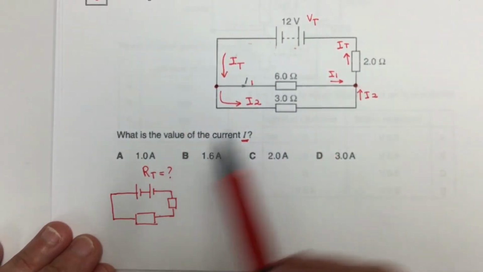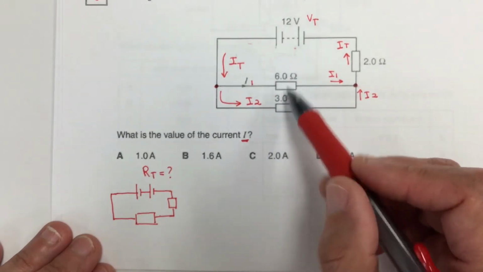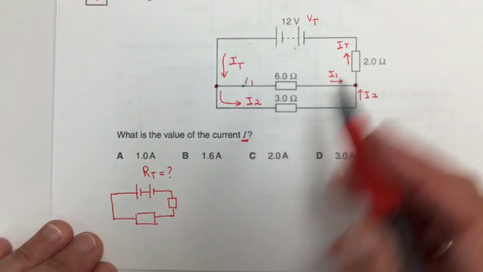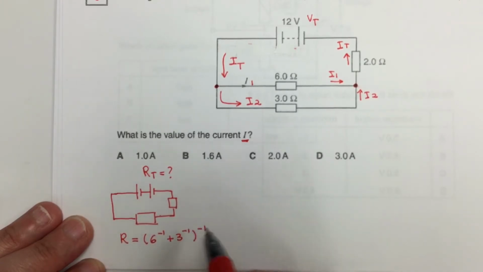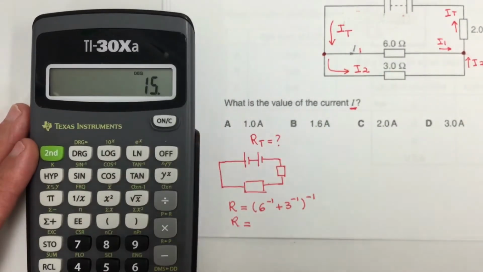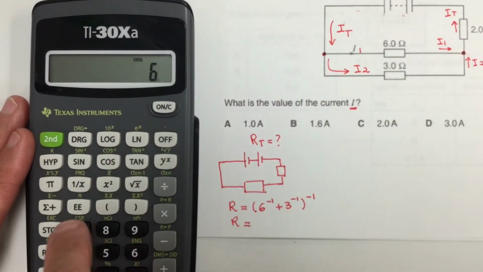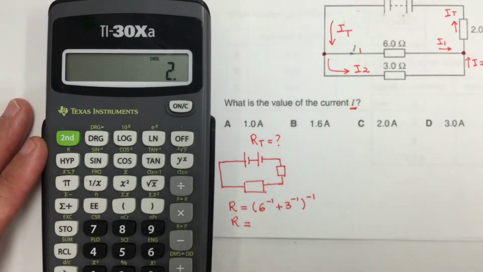First, let's find the total resistance in the circuit. We have these two here, 6 and 3, in parallel. So this partial one is 6 inverse plus 3 inverse, and the inverse of this is 2.